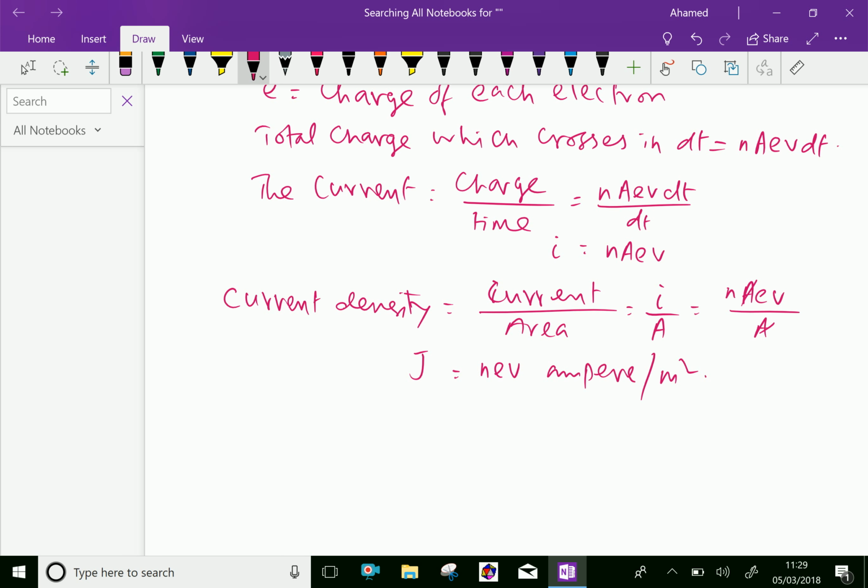Now we got current density J equal to n e v ampere per meter square. We have done.